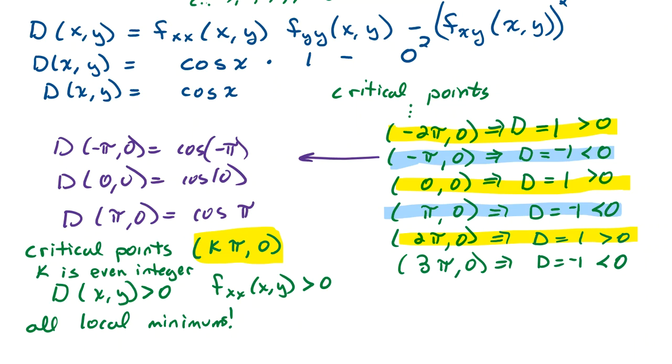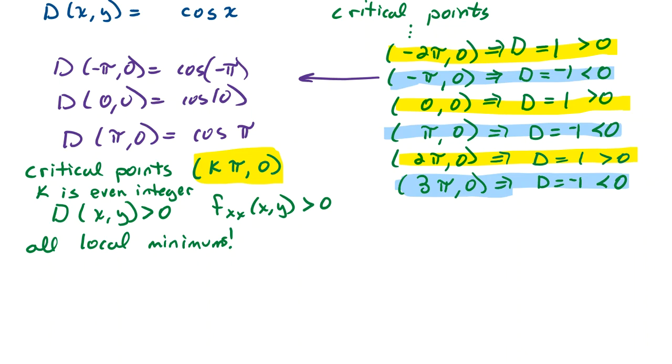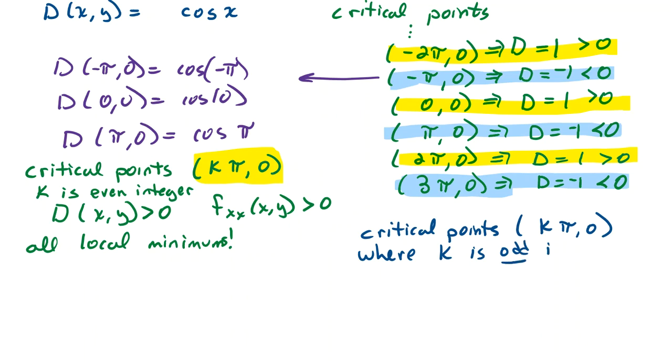So if I pick an odd value of k, my d value is negative. Let's consider the critical points in the form k pi, 0, where k is an odd integer. For any of those, this d value is negative 1, which is less than 0.